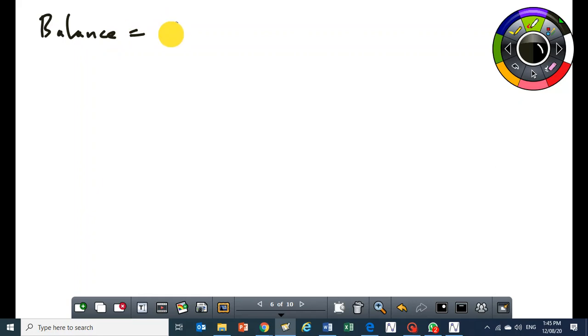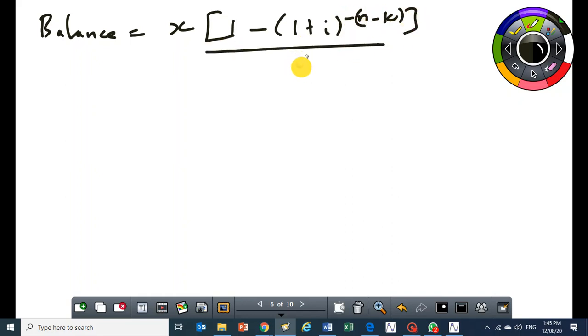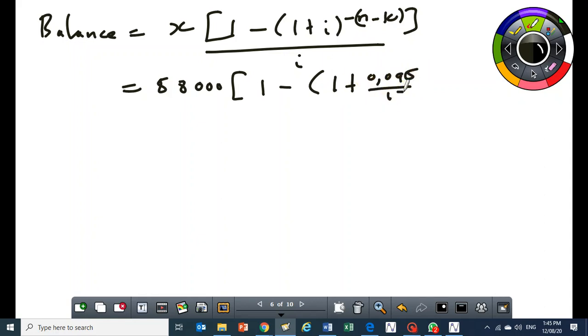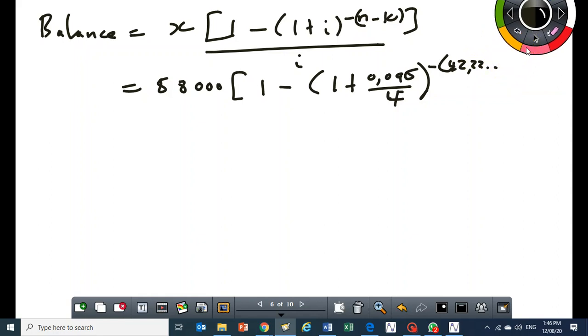The formula will be x into 1 minus 1 plus I raised to the power of minus n minus k, all over I. So that will be 58,000 times 1 minus 1 plus 0.095 over 4, all raised to the power of minus, this is where we put 42.22 with all the decimal digits, then we subtract 23, all under 0.095 over 4.